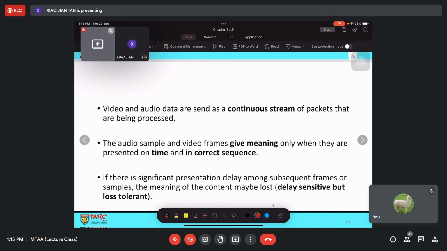As I mentioned in the previous lecture, the video consists of many different frames in 1 second. The higher the frame rate, the better the quality.